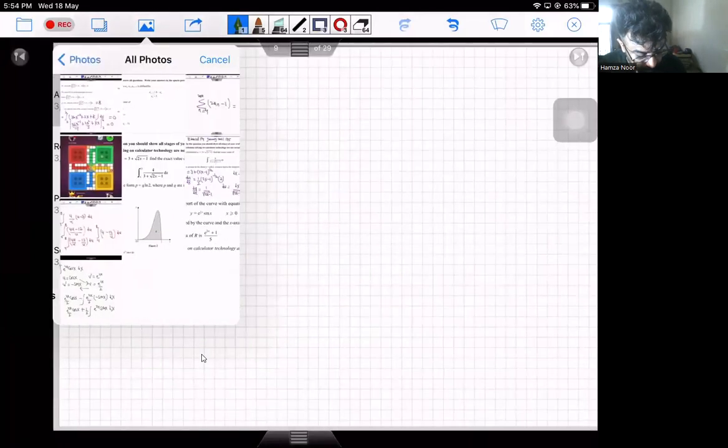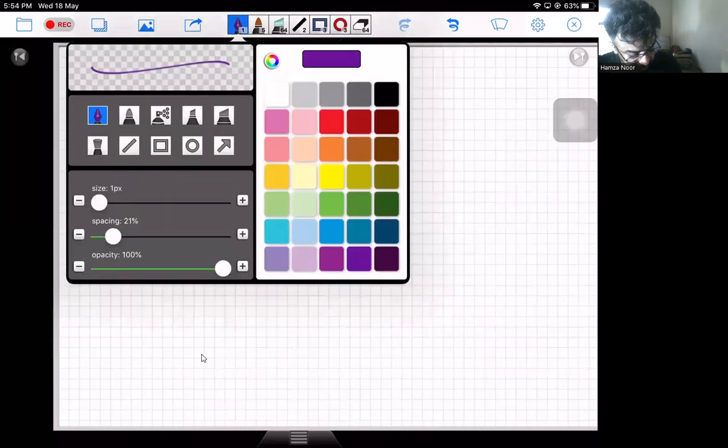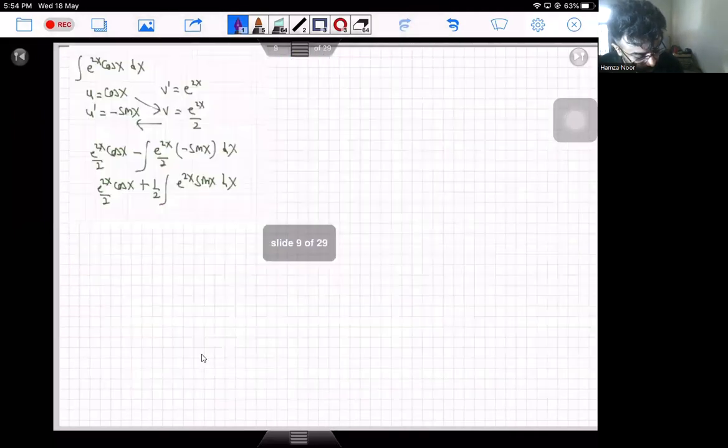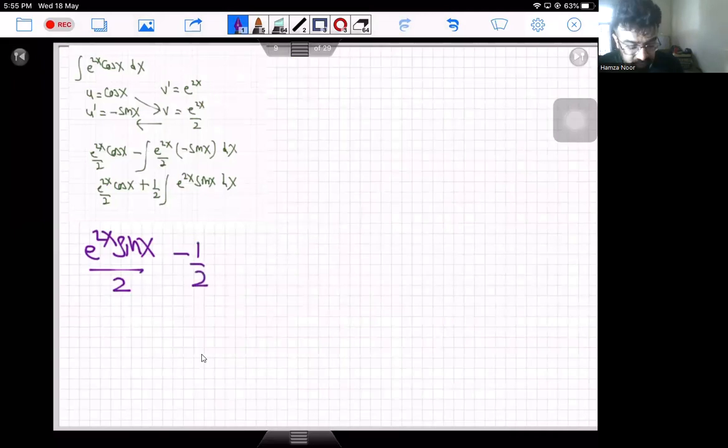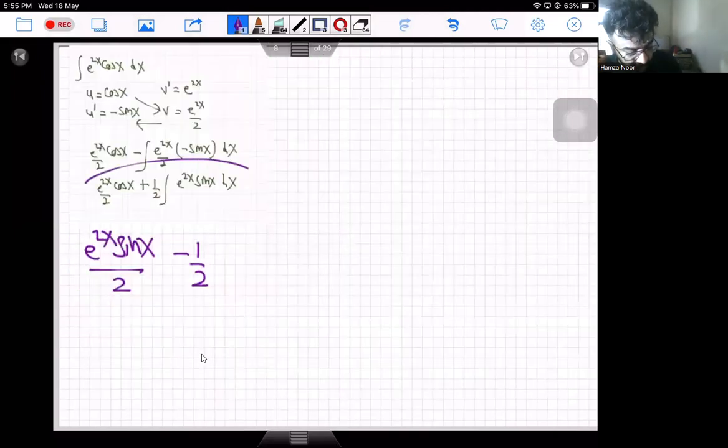So far we achieved this first: e raised to the power 2x multiplied by sin x completely over 2 minus half times the integration of e raised to the power 2x multiplied by cos x with respect to x. And in place of the integration of e raised to the power 2x multiplied by cos x with respect to x, we can exactly write this whole expression which we have achieved.